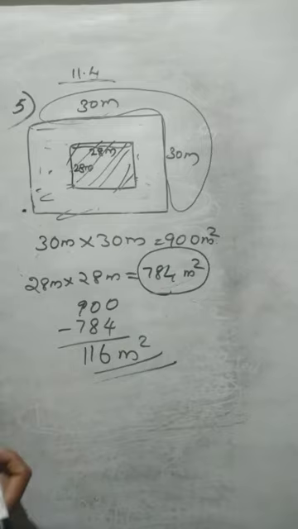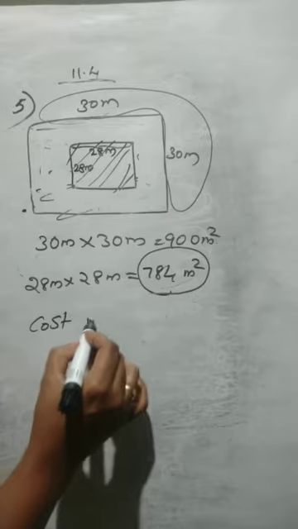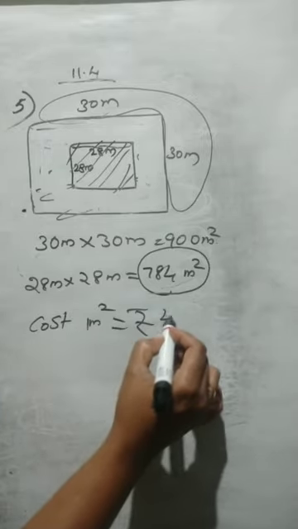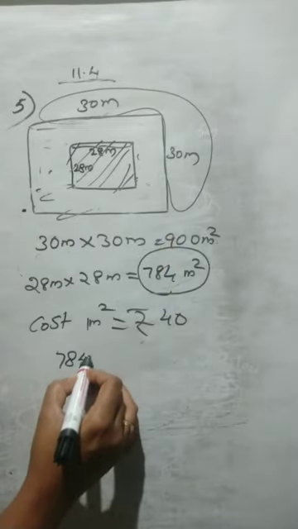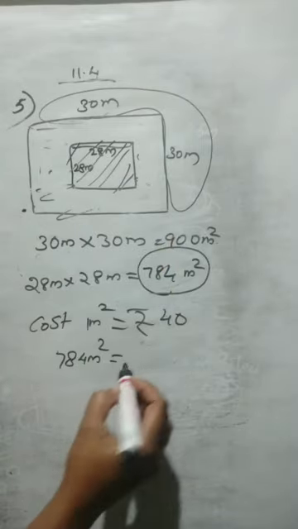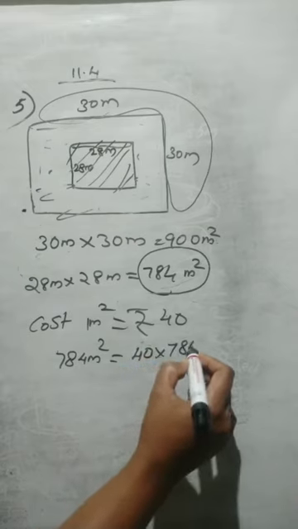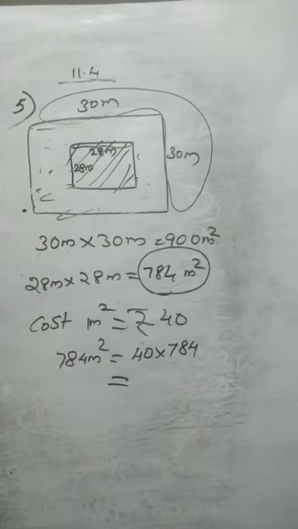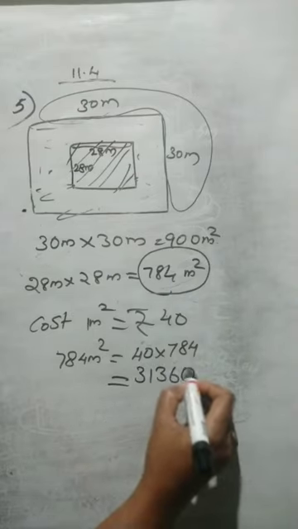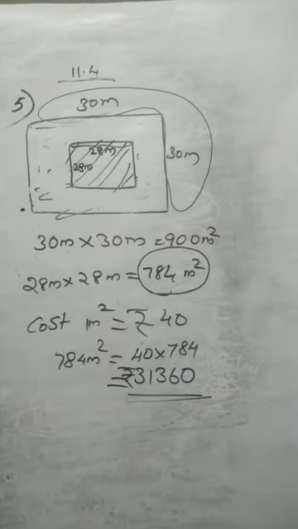For planting grass, the cost of 1 meter square is rupees 40. But the total area was 784 meter square. So how can we find the cost? We have to multiply 40 and 784. Then we will get the total cost. 784 multiplied by 40 is equal to 31,360. 31,360 rupees. Is it clear?